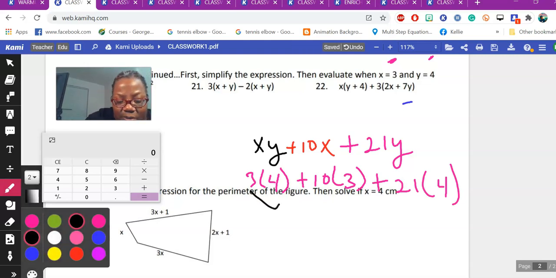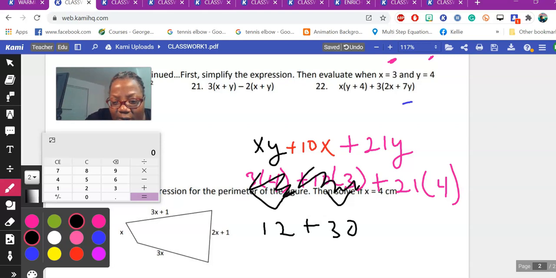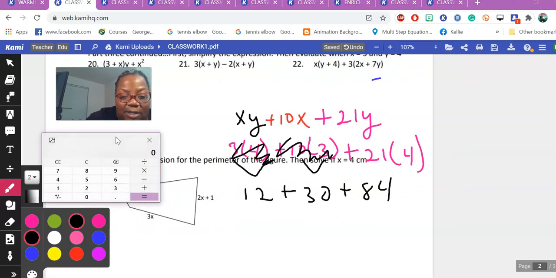Order of operations, we do the multiplication first. That's 12 plus, that's 30, plus 21 times 4, that's going to be 84. We then add all these together, which I'm just going to do by calculator.